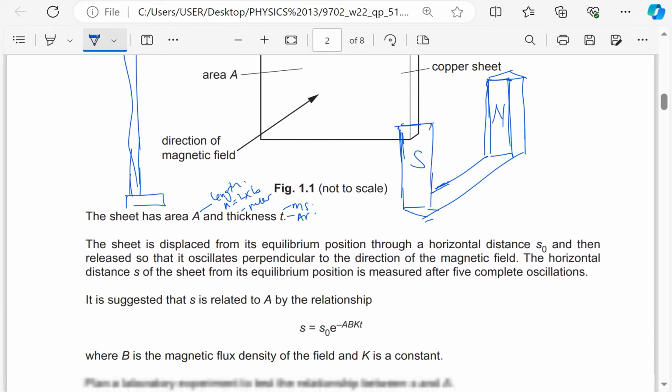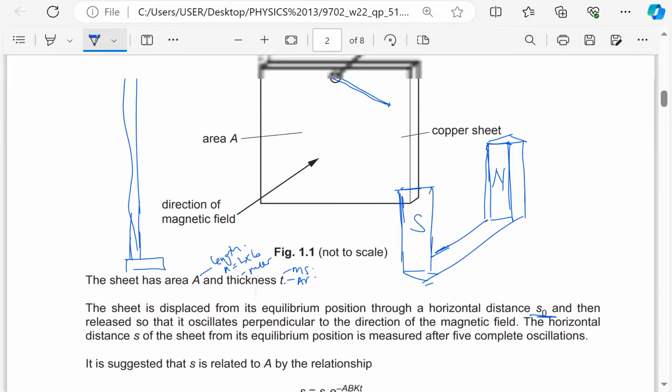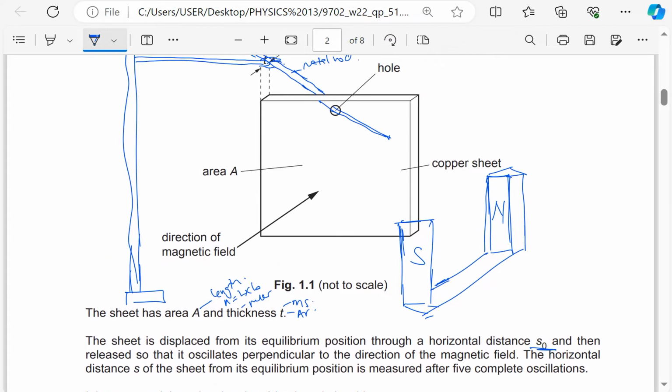So the sheet is displaced from its equilibrium position through a horizontal distance S naught. How will I measure S naught? I will need a ruler. So I may clamp the ruler horizontally to help me measure.